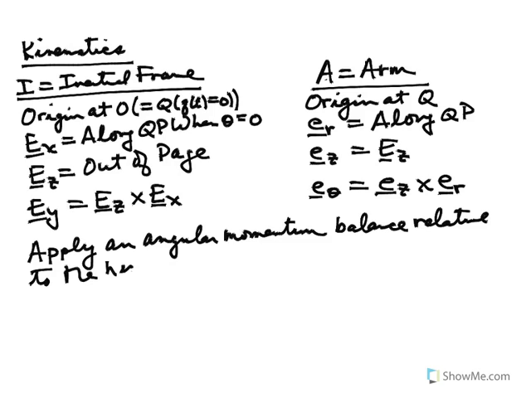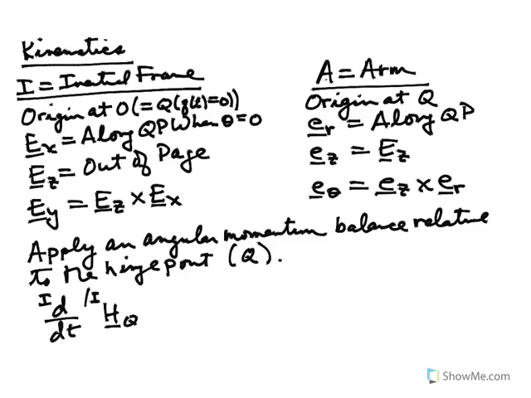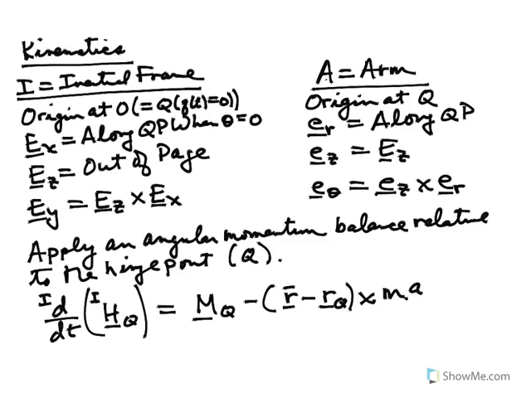It's exactly the same thing we did before, but in this case the hinge point is equal to Q, and Q is not inertially fixed. So what that says is that the rate of change in the inertial frame of the angular momentum relative to point Q is equal to the moment relative to point Q minus r bar minus rQ crossed with m, a, Q in I. Now let's think about that for a minute.